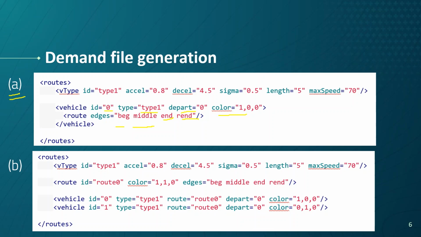The complete chain is shown in route file B over here. Actually, here we define the vehicle type and the route externally, and then use them to generate two different vehicles.